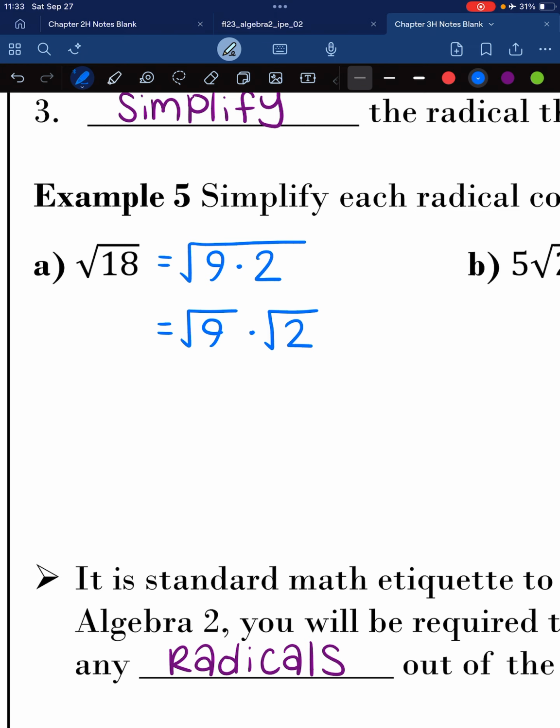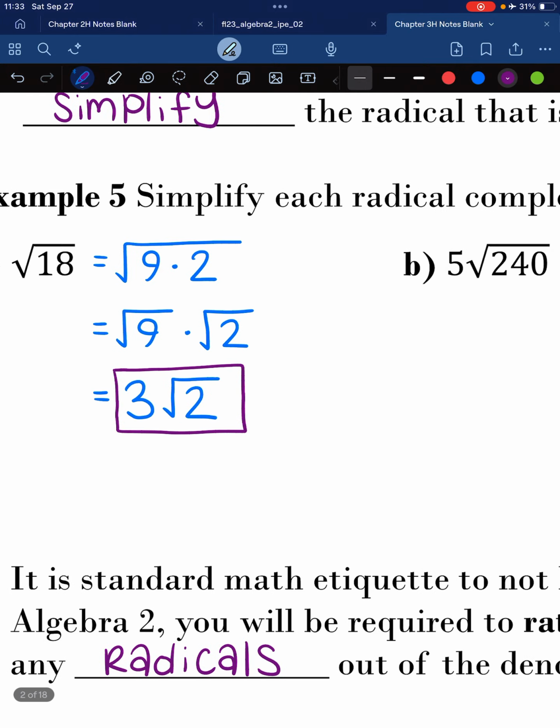You can check every step of your work by typing it in the calculator, and it should always equal the same irrational number. Okay? And now I can simplify the square root of 9. The square root of 9 is 3. Square root of 2 is irrational, but it's as small as it can possibly get. And I have simplified the square root of 18 now.